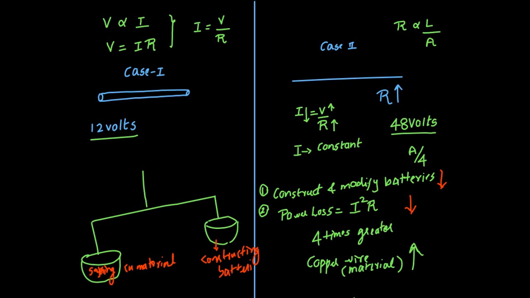And probably you need some enhanced cooling system in order to dissipate the heat, because of the power loss due to the increase in resistance. Okay, fine. So that's the reason why Tesla is using a 48 volt battery instead of a 12 volt battery. So this is advantageous.